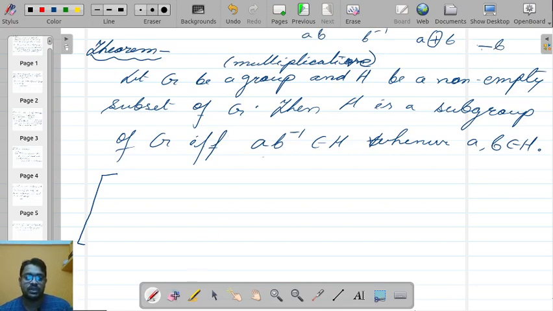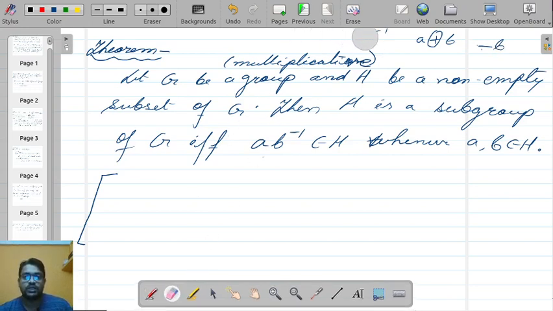So something like this, okay. In additive notation we have this condition. The condition is actually the same in both cases, but the way of writing is different.